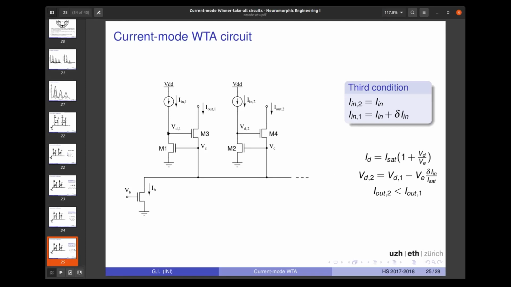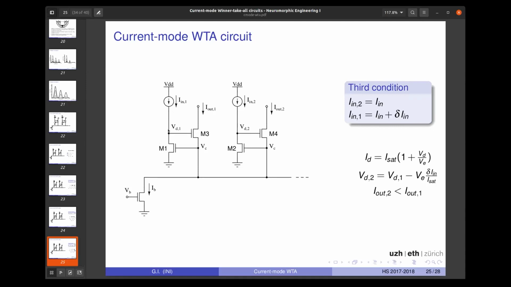That's basically how to understand what's going on in the small signal. With the early effect, as soon as you start increasing one current a bit larger than the other current, the drain voltage will start to rise on the transistor that has the larger current.